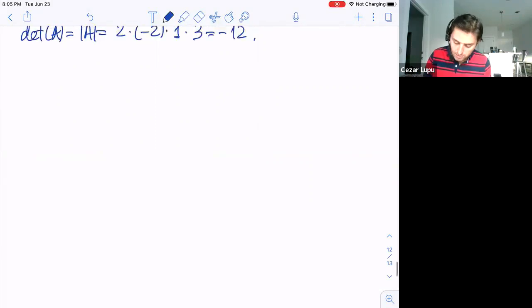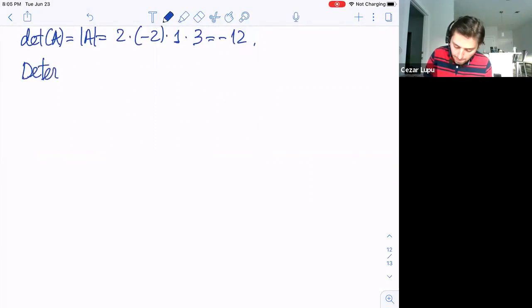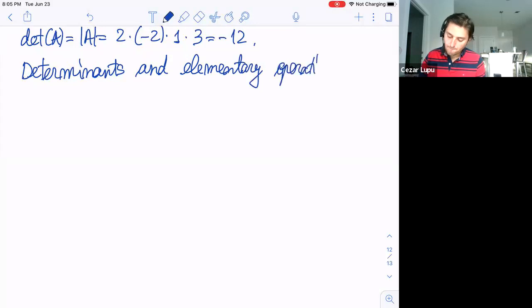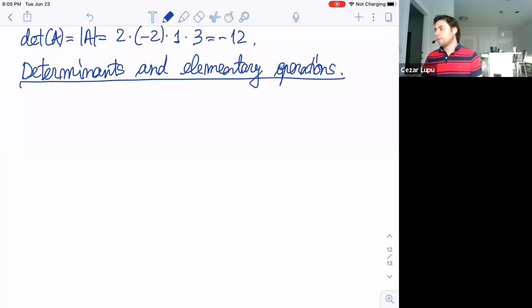So we'll talk about determinants and elementary operations. What we want here is basically to use elementary row operations to evaluate the value of a determinant, or maybe not just only row operations.